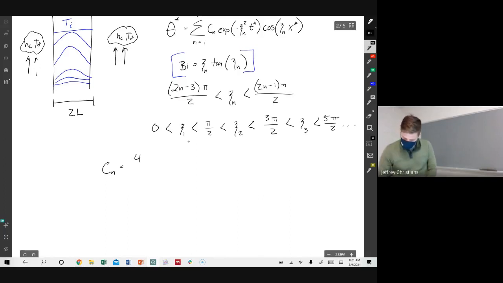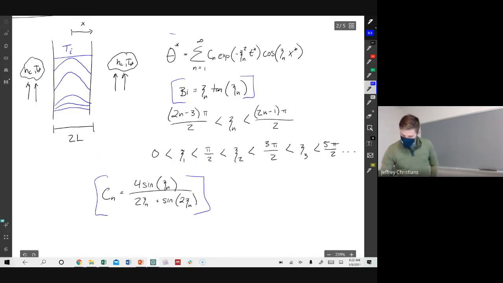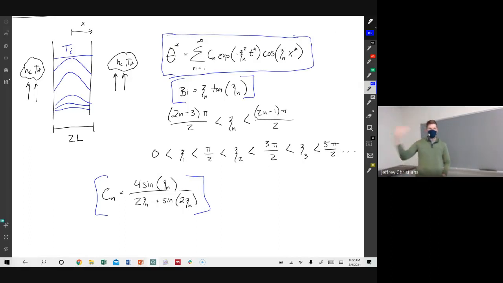And this is 4 sine squiggle n divided by 2 squiggle n plus sine of 2 squiggle n. So we have these three different equations. This is our main equation, but then we have these two sub-equations that we need to solve and plug into our main equation.